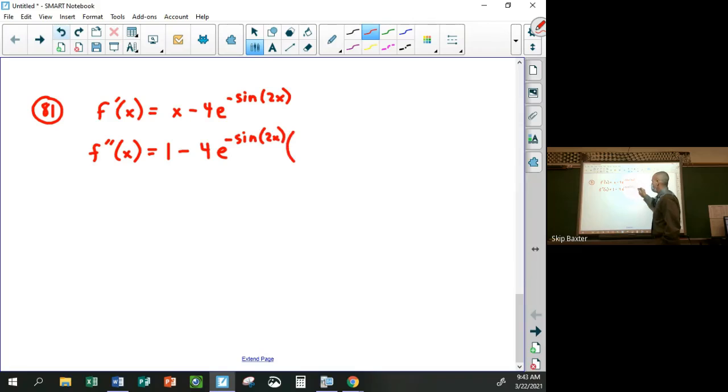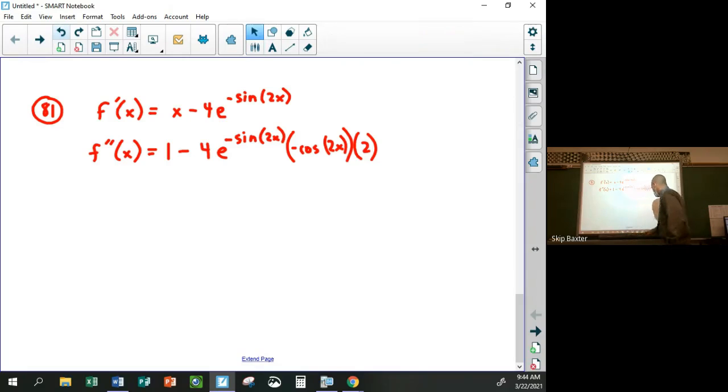This would be times negative cosine 2x times 2. Right? So you'd have to do that. Then just graph this and see how many times it crosses the x-axis and changes sign. And it ends up being 4.